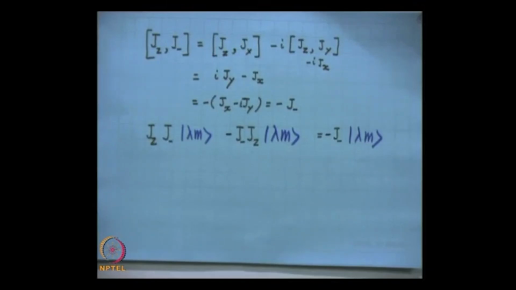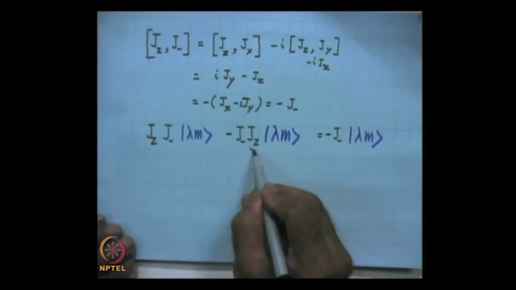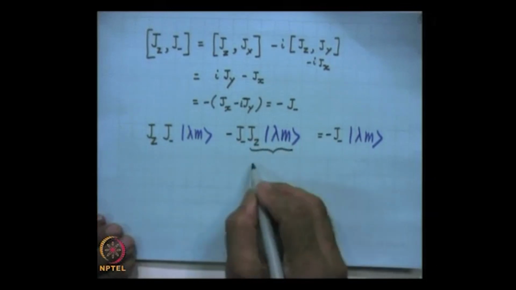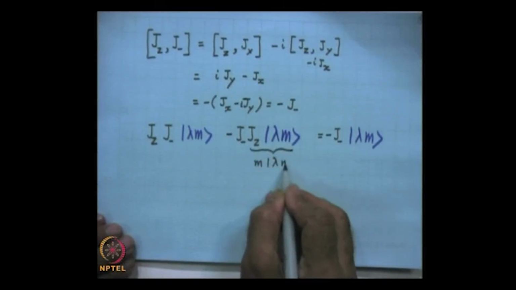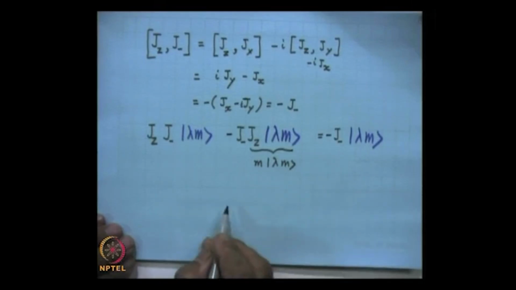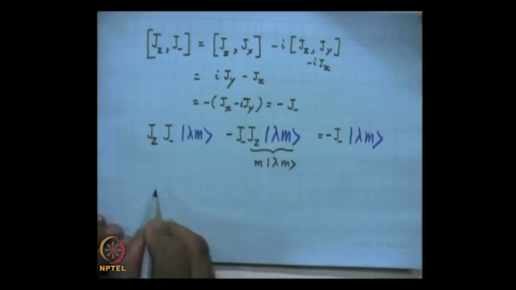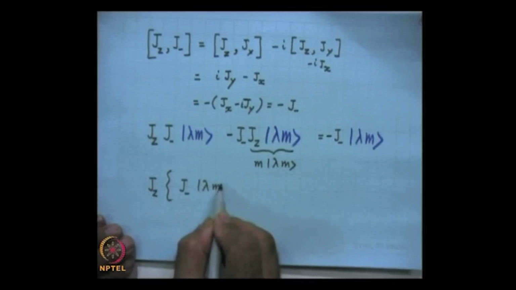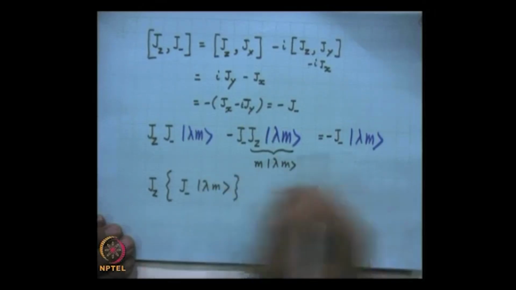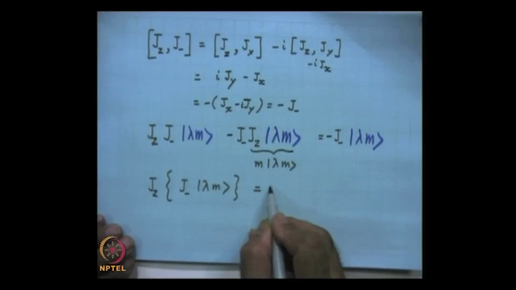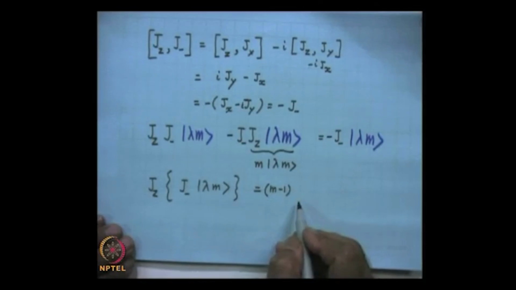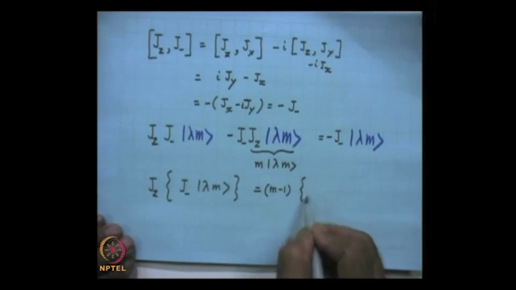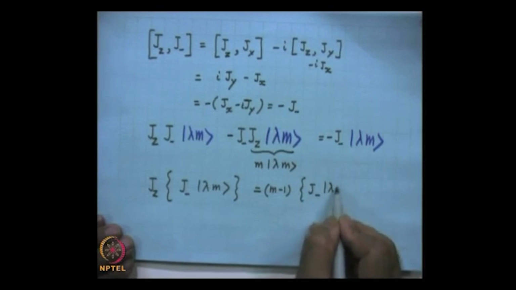And you have here Jz ket lambda m is m ket lambda m. So, I get this first term becomes Jz J minus ket lambda m, and if you take it to the other side, then it will become m minus 1 times J minus ket lambda m.